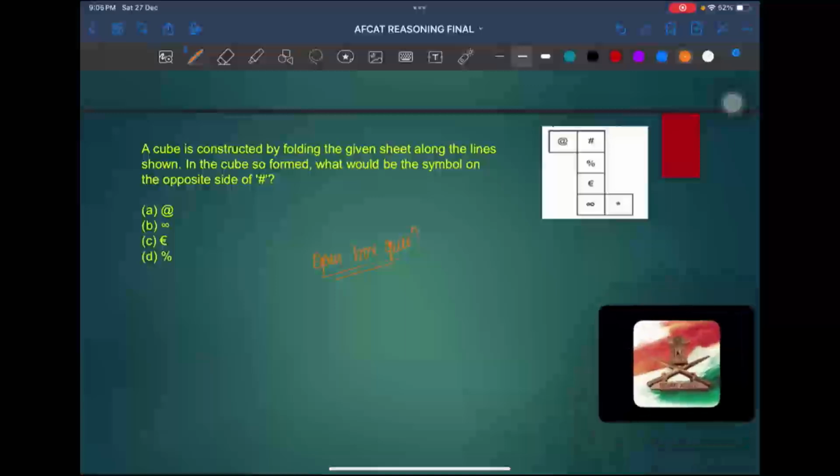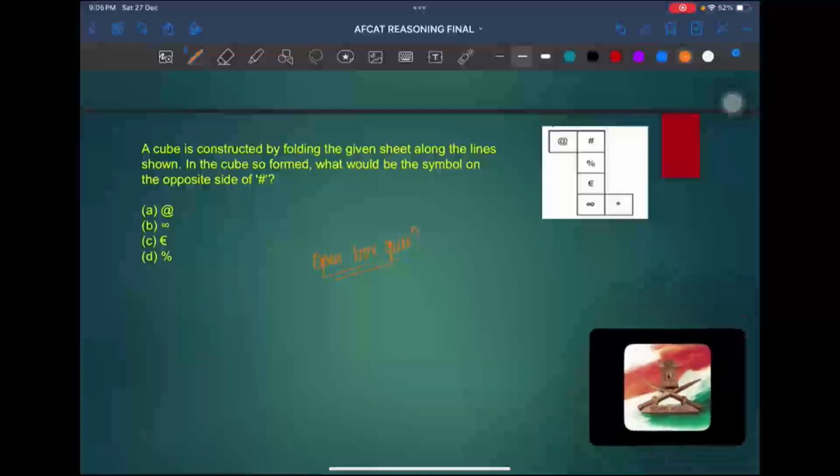When they present you this kind of question, you just need to know that alternate boxes will always be opposite.